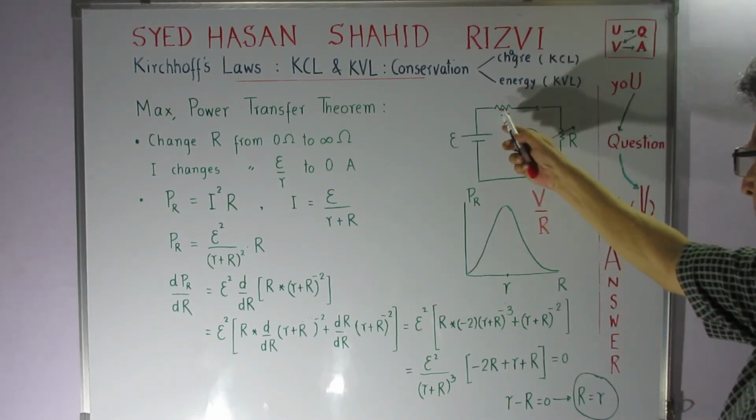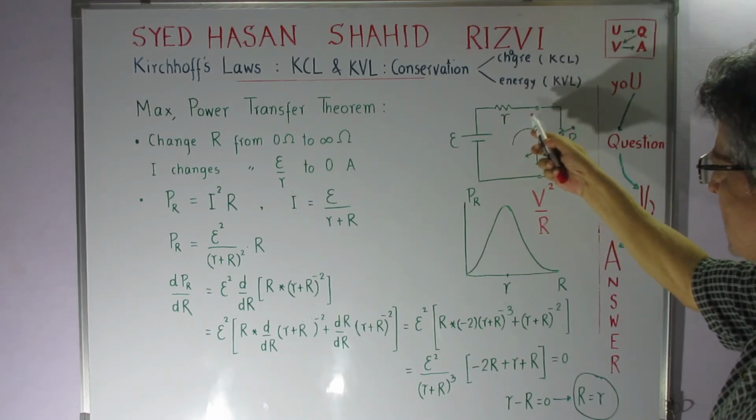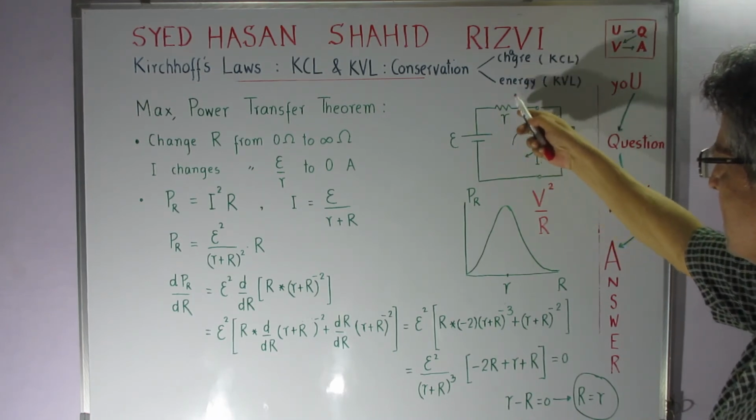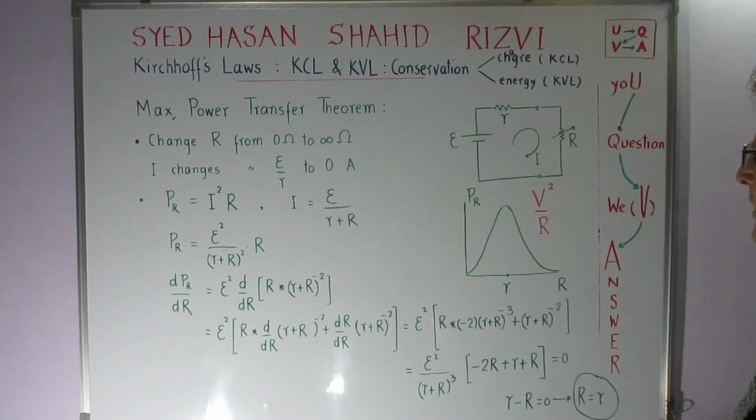And V squared upon R, so the power consumed by the internal resistor will be more as compared to that consumed by the external resistor.